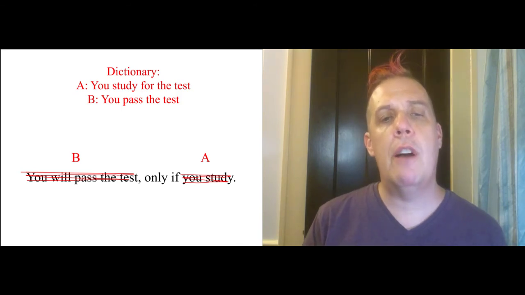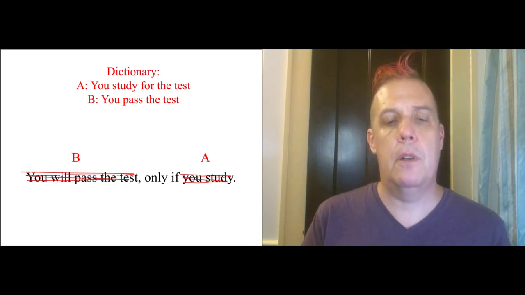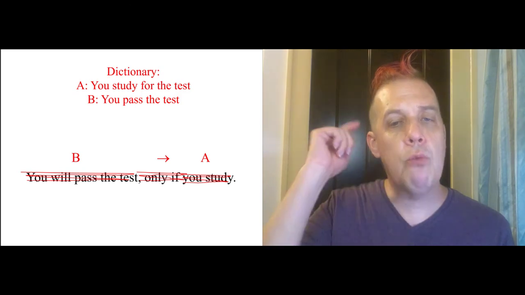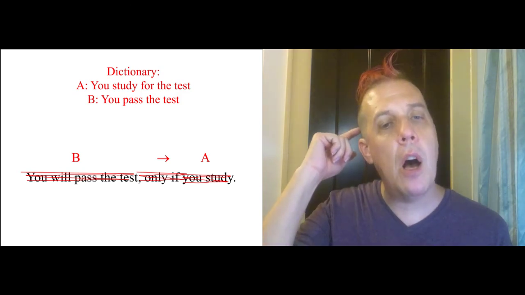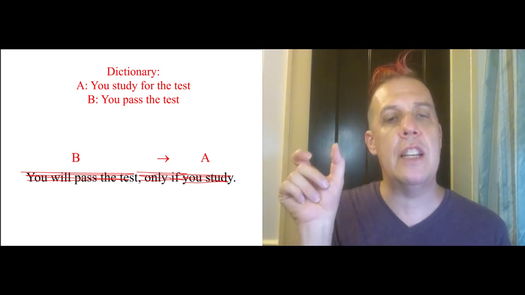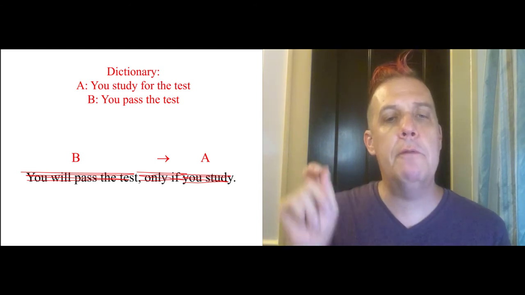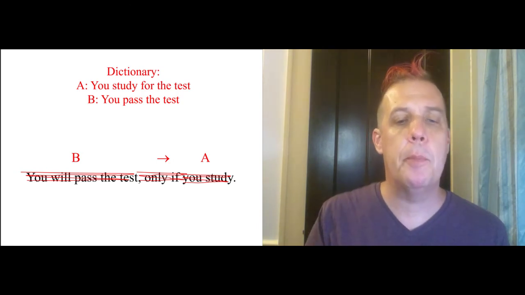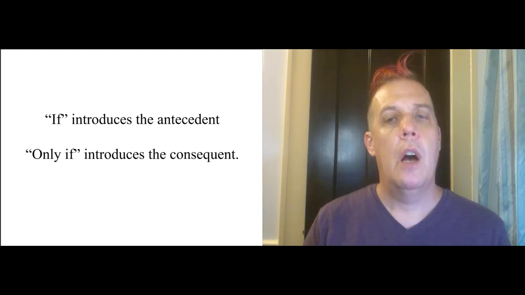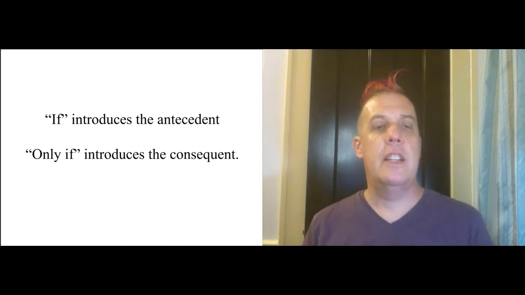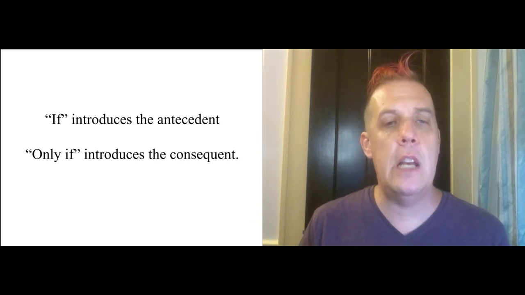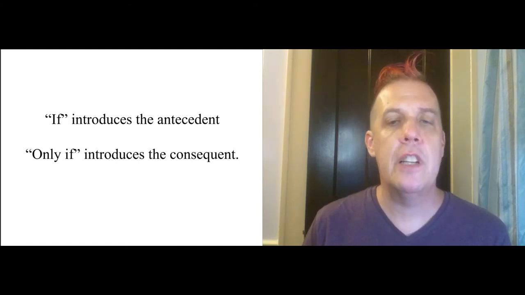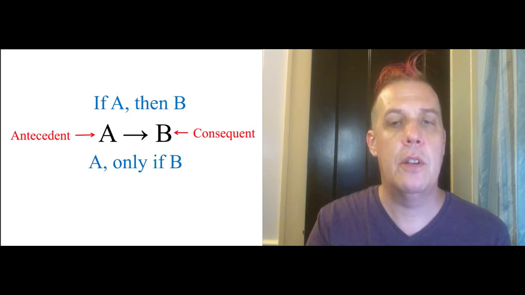But now when you have this phrase only if, the arrow goes right down on top of the phrase only if. Only if reverses the direction of the arrow, and in this case that means you have B implies A. Another way of thinking about it is that the word if introduces the antecedent, and the phrase only if introduces the consequent.